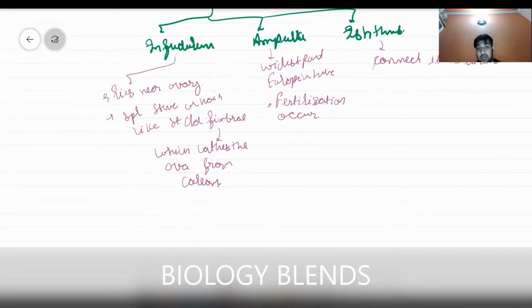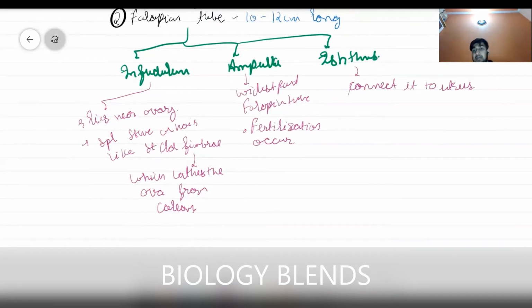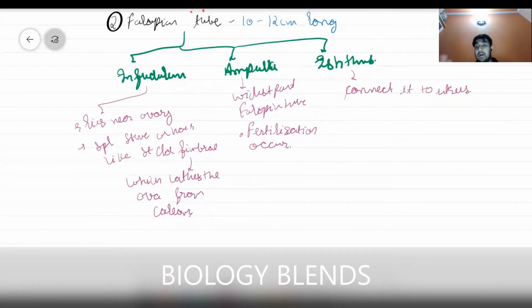The ova and the sperm must be present in the ampulla at the same time. Then fertilization occurs, and nowhere else can it occur.